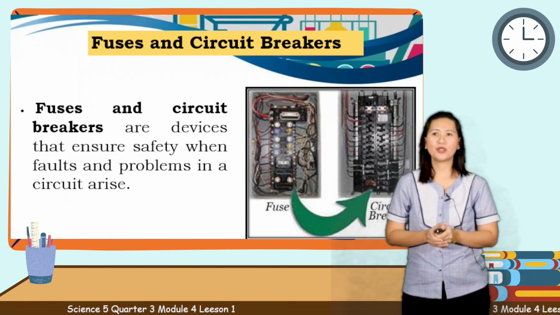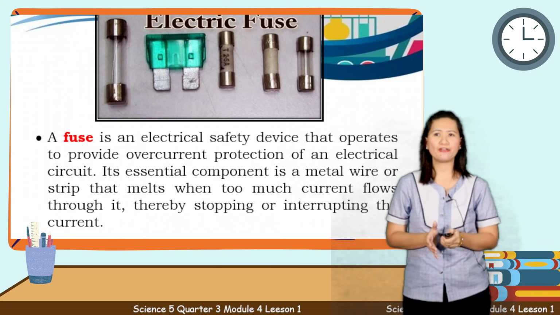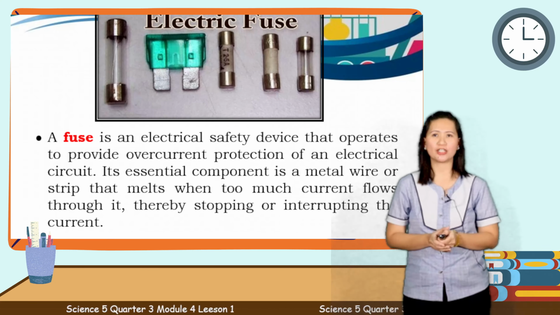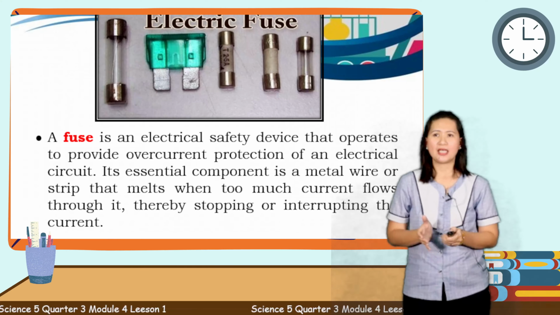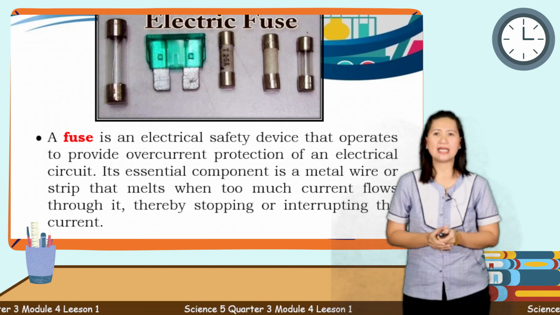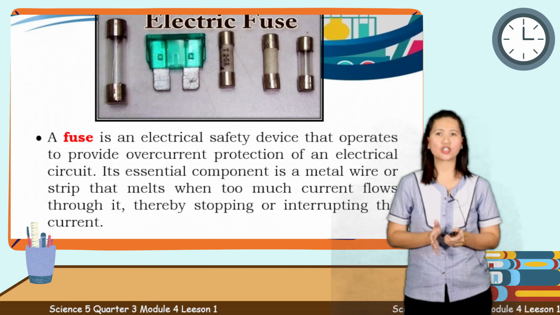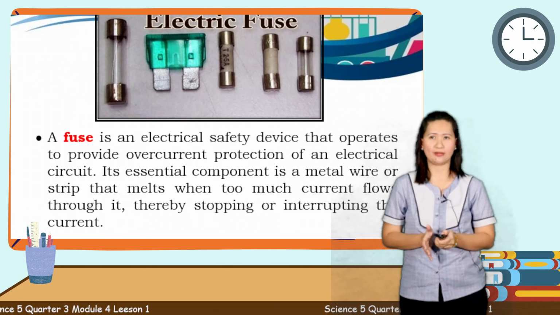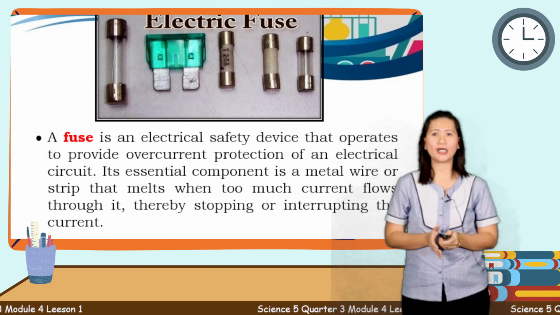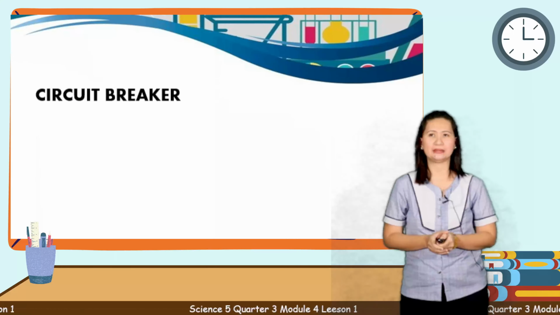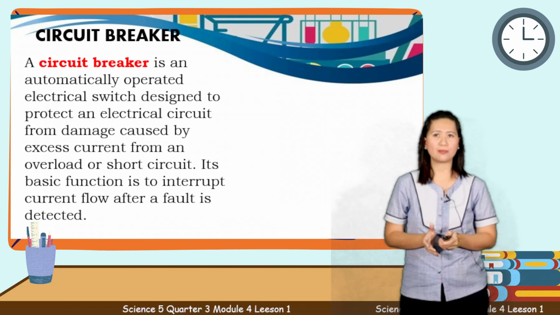A fuse is an electrical safety device that operates to provide overcurrent protection of an electrical circuit. Its essential component is a metal wire or strip that melts when too much current flows through it, thereby stopping or interrupting the current. How about the circuit breaker?